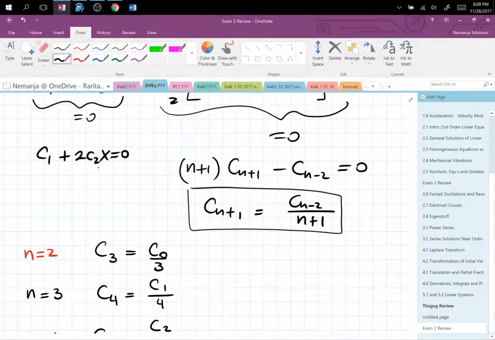So C1 equals 0, C2 equals 0, and then put it all into the recursion. And that's going to zero out your coefficients. Not all of them. No, C0 remains.